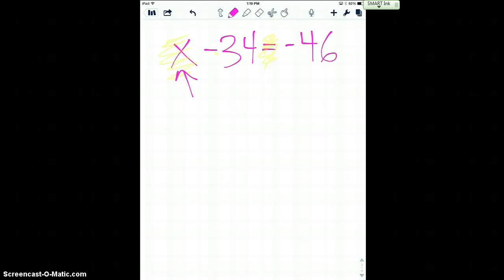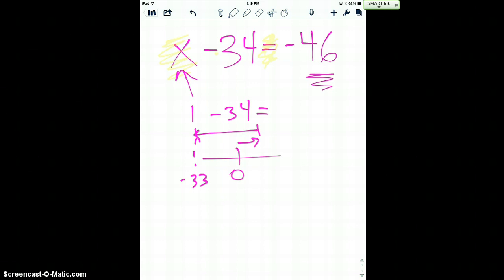Well, if I picked a positive number like 1 minus 34, what is that going to equal? If I go to 1 on the number line starting at 0, and then I subtract 34, I'm going to be at negative 33. Whoa, so I'm pretty close.